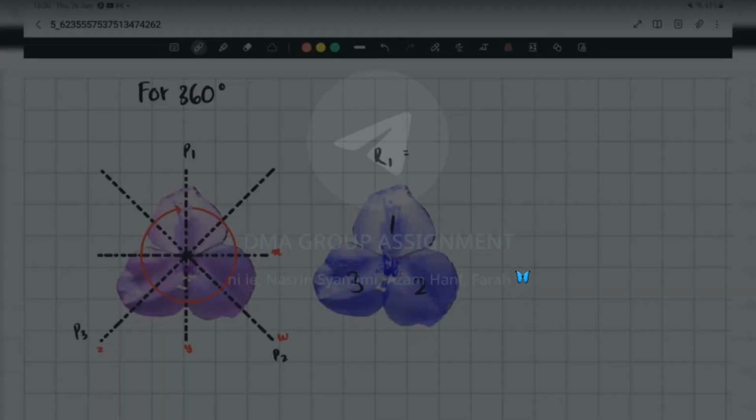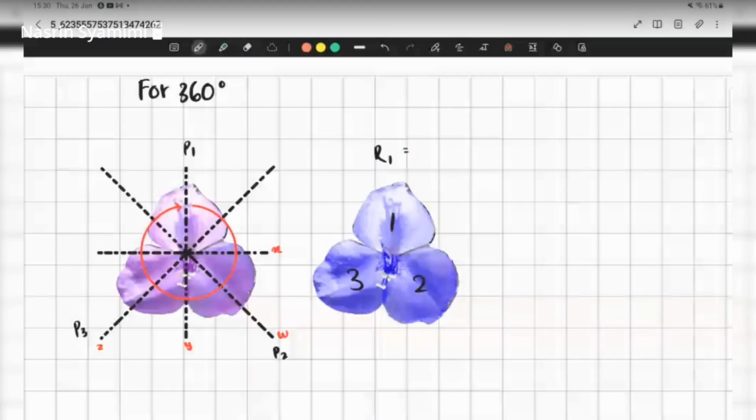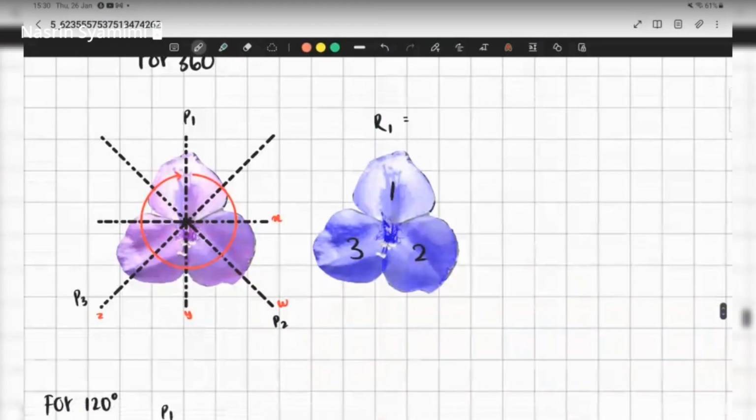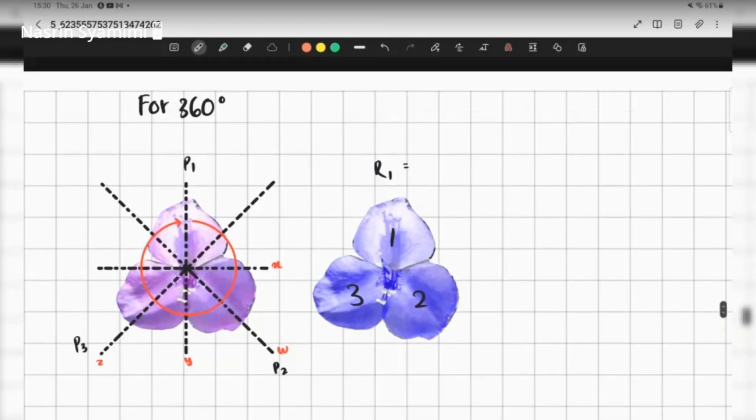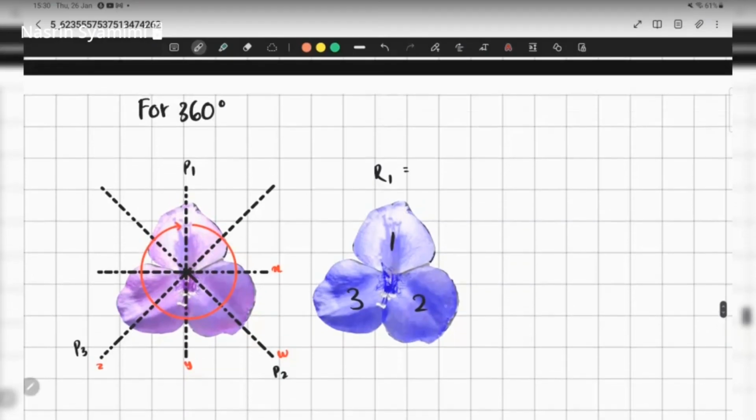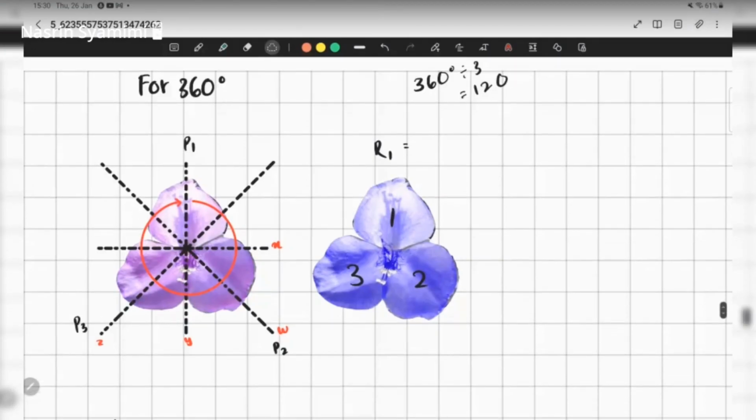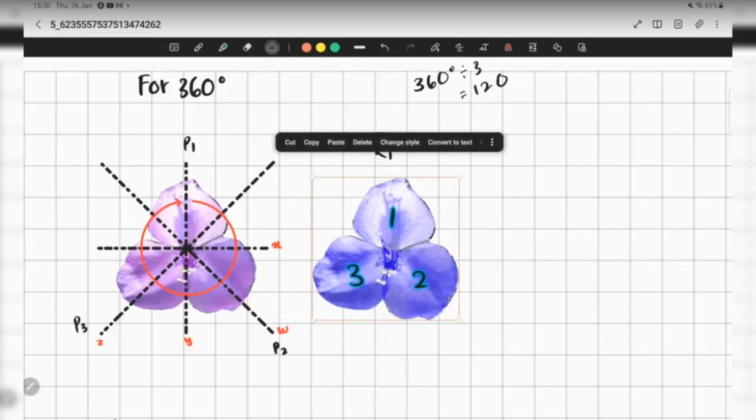So for the next part is the rotation. As we know there are three petals, so we divide 360 for the whole by 3, and we get 120. The first part is 360. As we can see here, we choose another petal for guidance.